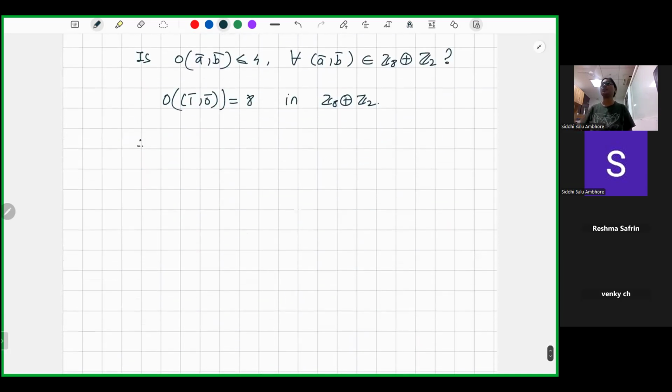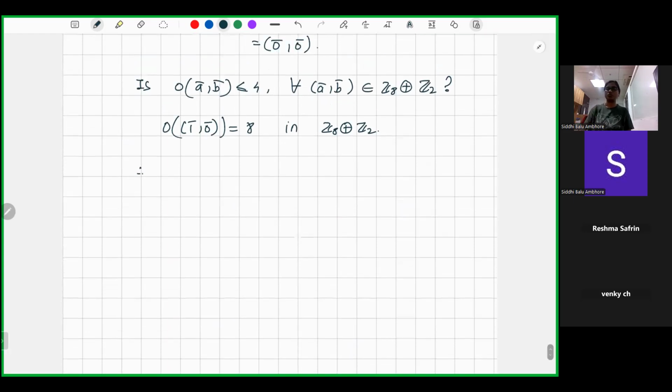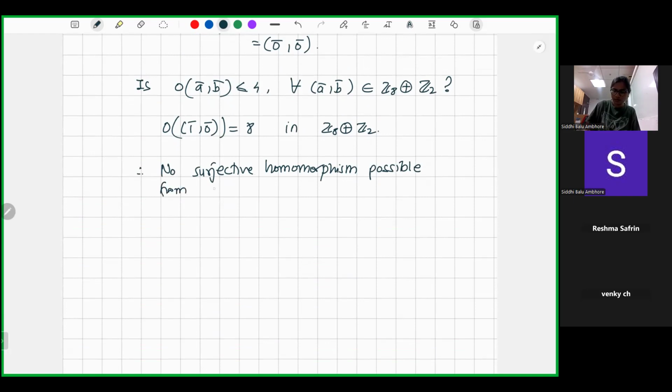There's no surjective homomorphism possible from G to H. So therefore, no surjective homomorphism possible from Z8 plus Z2 to Z4 plus Z4. Is this clear?